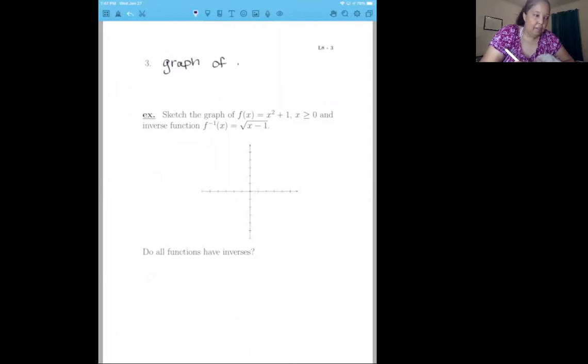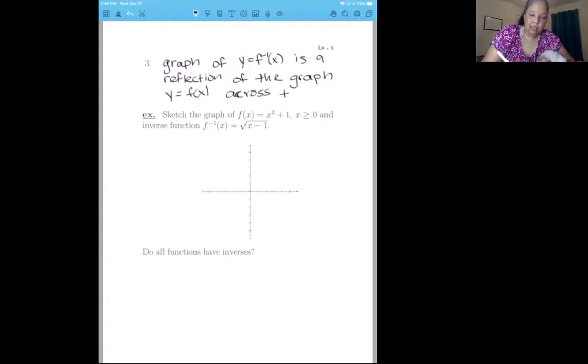The graph of f inverse is a reflection of the graph y equals f of x across the line y equals x. So across the line where the slope is 1, the y-intercept is 0. All right, so across this line right here.